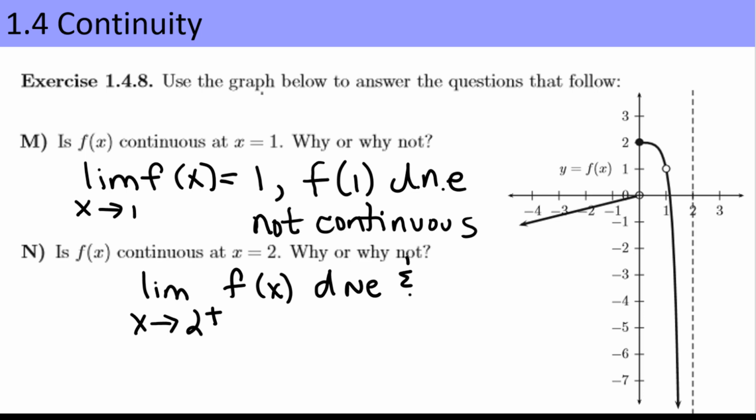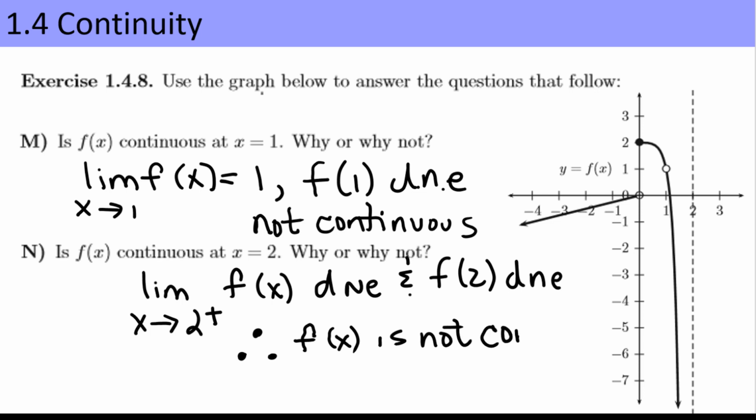Furthermore, the function itself at 2 does not exist. So I'll use this notation, which looks like the endpoints of an equilateral triangle. It is read, therefore, we will say that f of x is not continuous at the specified value, which was what?